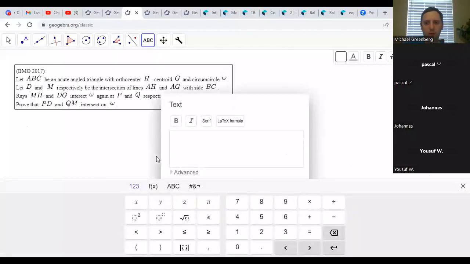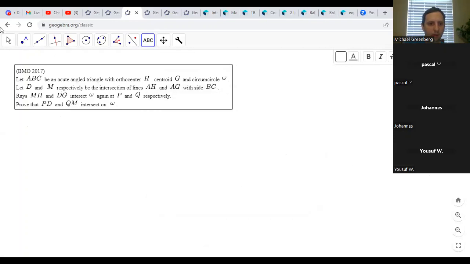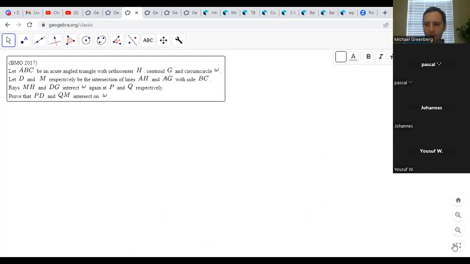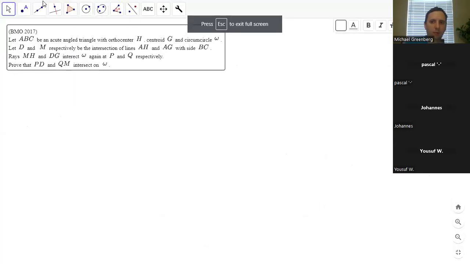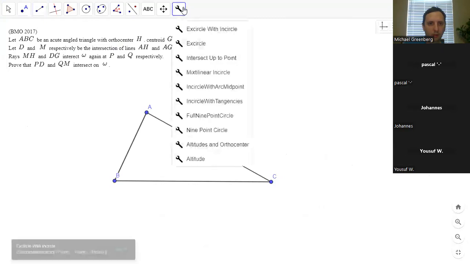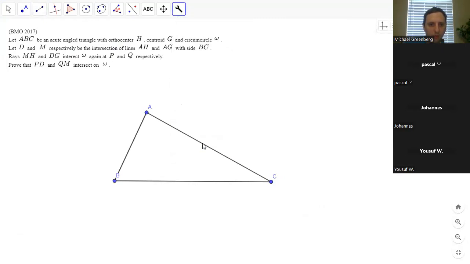This is the third problem. So we have a centroid here. This one looks like it might not be as hard. I have some harder problems, but let's see. It has a centroid. Can we try? Let's try it. So we have an orthocenter, centroid.